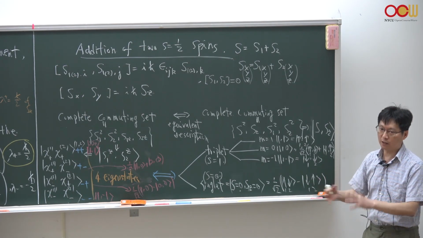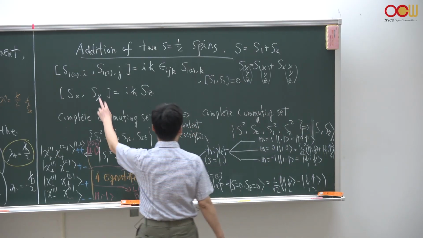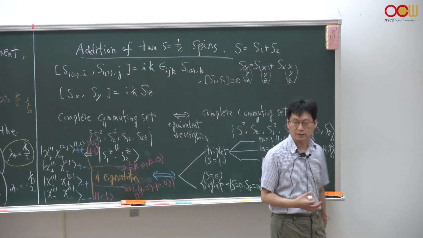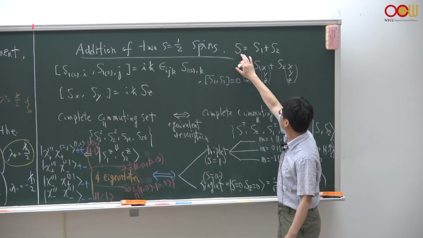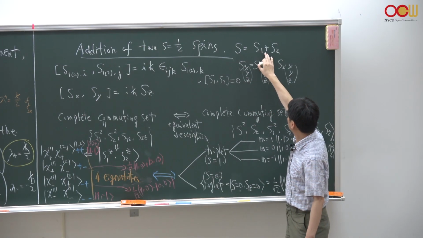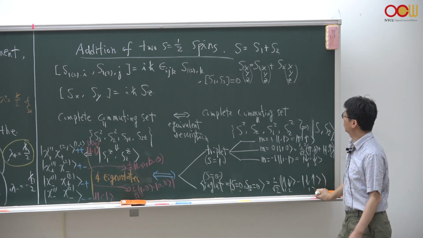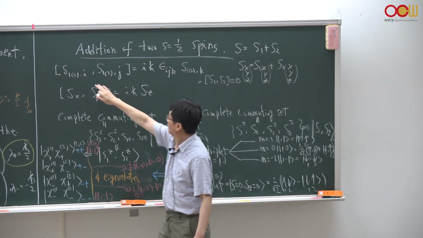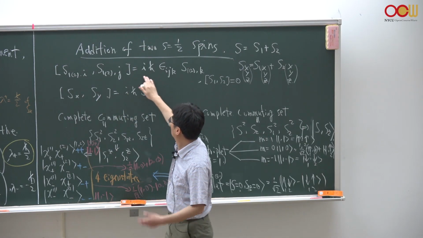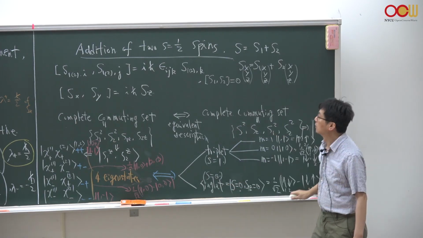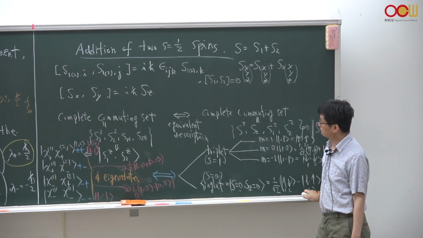We could add up all these spin magnetic moments together to form the total spin of the system. We can define the total spin operator S as the sum of these two individual spin 1/2 operators S1 and S2. Remember, both S1 and S2 satisfy this commutation relation for the spin angular momentum operator.